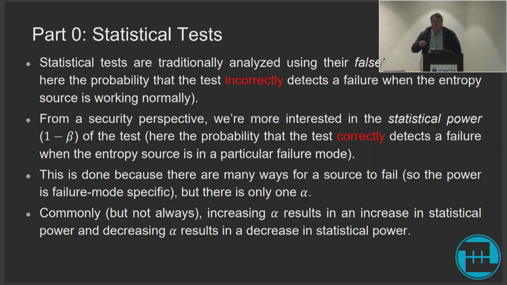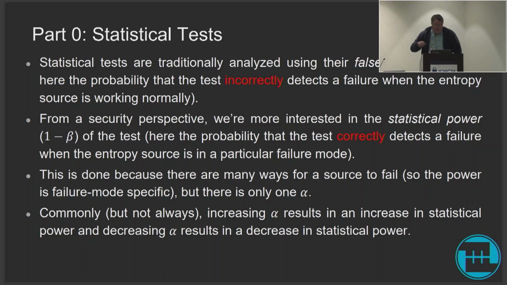But from a security perspective, you're more interested in something called the statistical power, which is the probability that the test correctly fails when there actually is a failure. As it turns out, that probability is dependent entirely upon what particular failure mode you're in. As a consequence, though there's only one false positive rate, one alpha, there's a whole bunch of possible statistical powers depending upon what type of failure mode you're in at the moment.